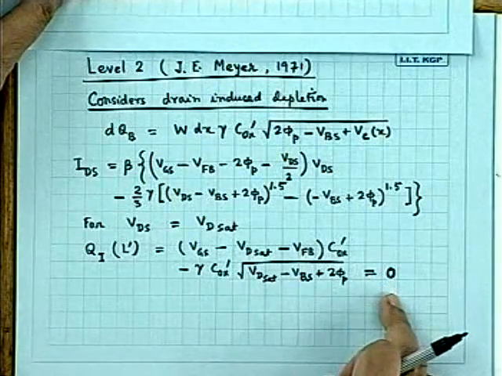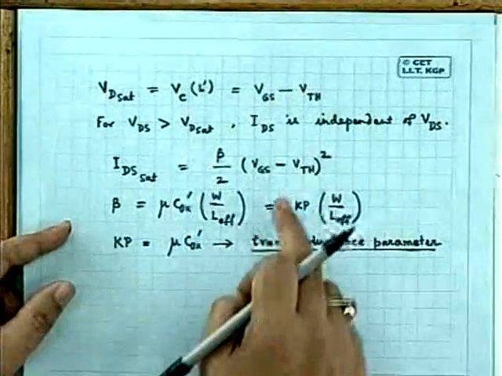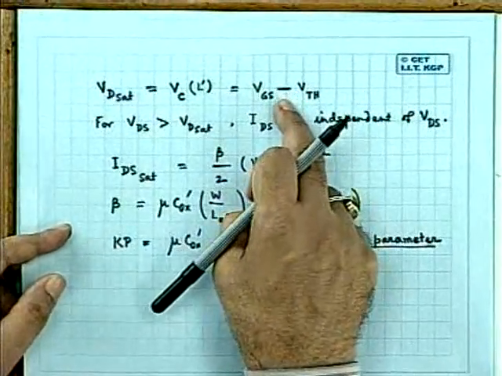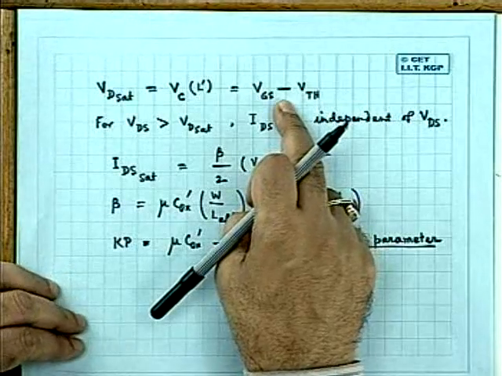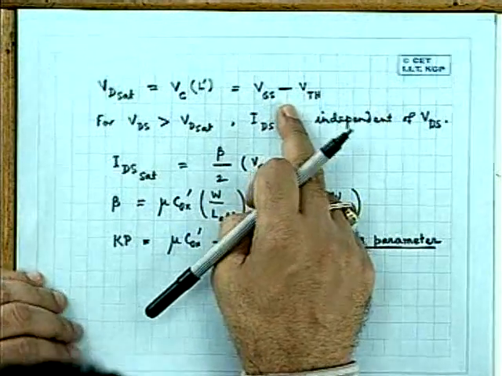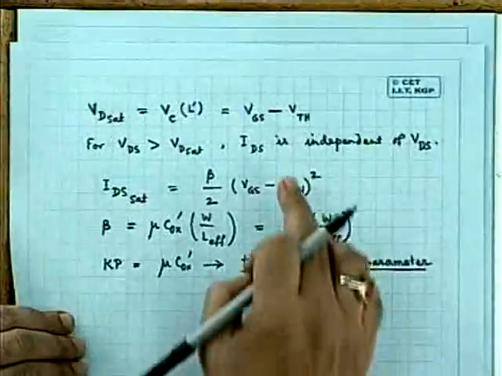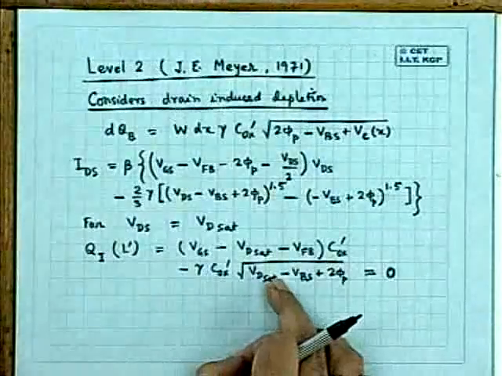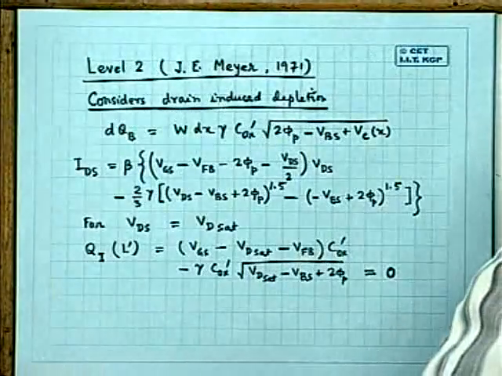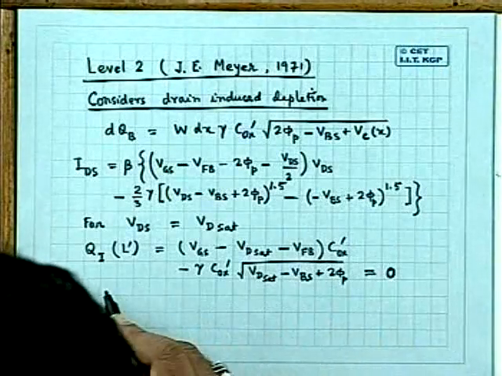By solving this equation only, you have to find it out. And this VD sat will be slightly different from the VD sat which I have observed earlier. I have already made such remarks earlier that the VD sat is to be obtained by solving this equation, which is slightly different, but definitely it will be more precise. That is a clear distinction, and this is very important.